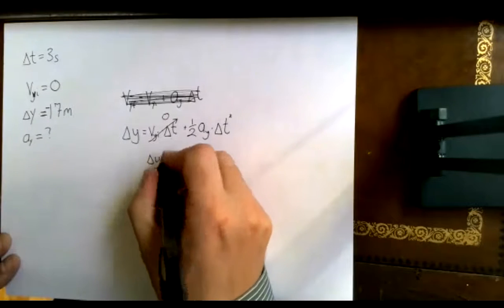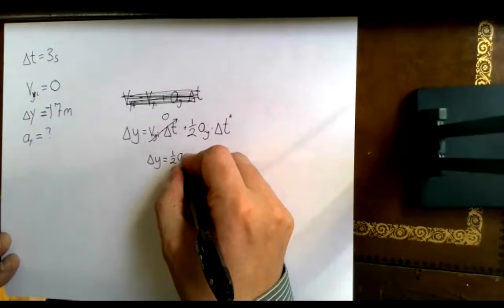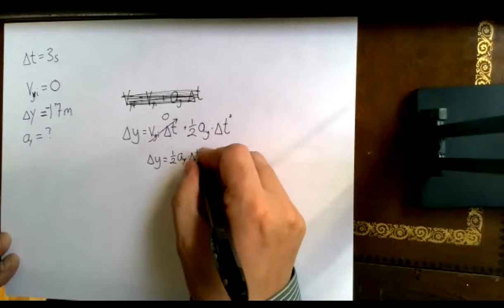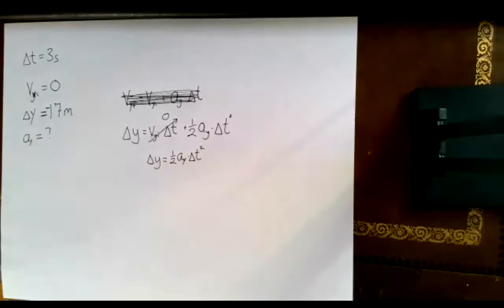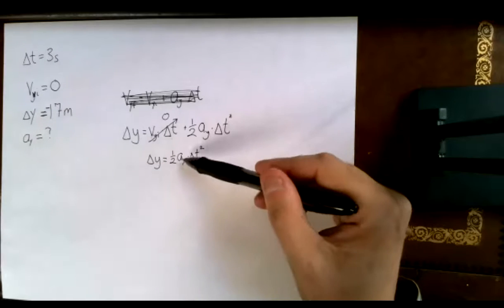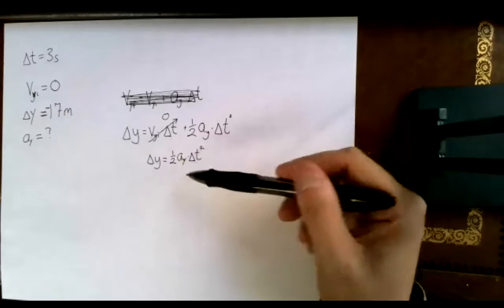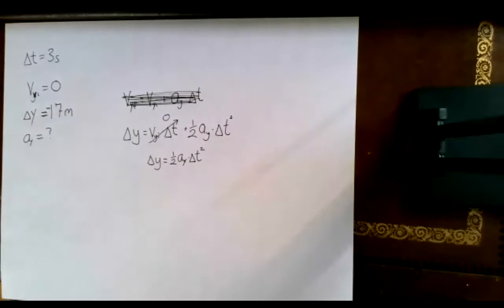So if we get rid of that whole piece, it becomes much easier to rearrange. We don't have to do any quadratic equations. So now we just have delta y is 1/2 acceleration times time squared. If I want this acceleration by itself, that's my unknown, what do I need to do to get acceleration by itself here?